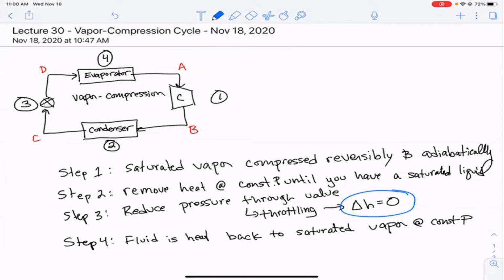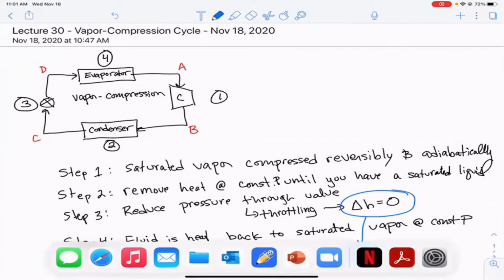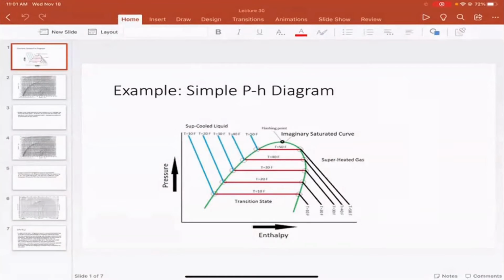Because we operate under 2 saturated conditions where the pressures are constant, and we have a step where delta H is equal to 0, for refrigeration cycles it's much less common to use a TS diagram, and much more common to use a pressure enthalpy diagram. I know that you haven't seen one before, so I'm going to start by showing you an example of a pressure enthalpy diagram.